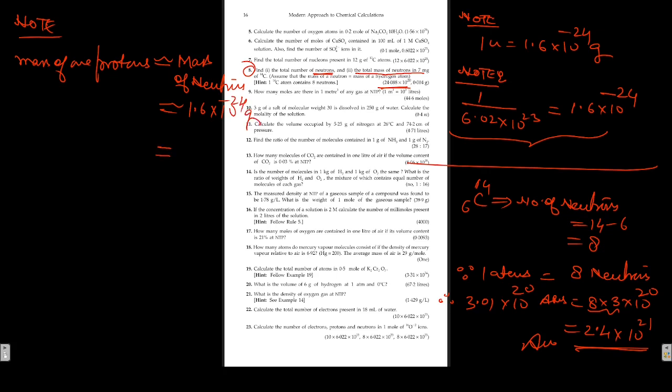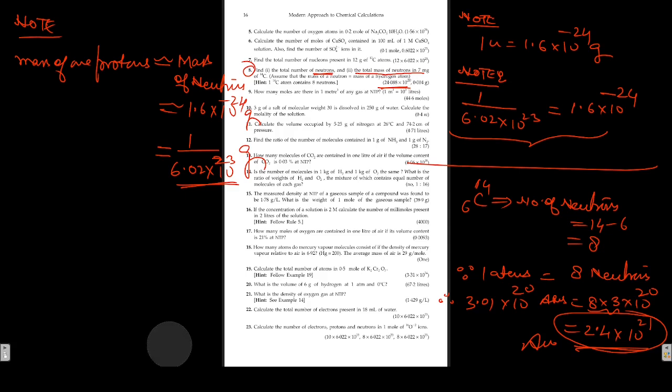Its calculation I told you already, 1 upon 6.02 into 10 to the power 23 gram. So since the number of neutrons is this value, and the mass of one neutron is given to you, it is very easy to calculate the mass of neutrons present here.